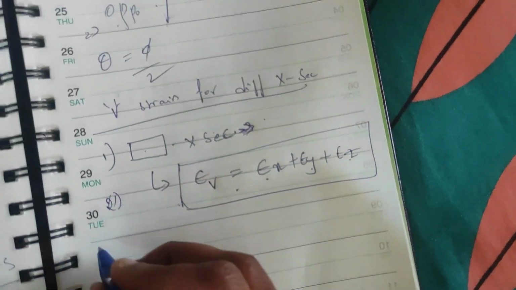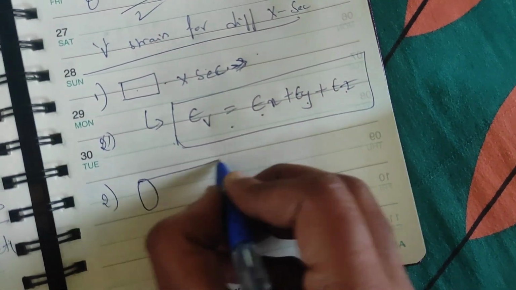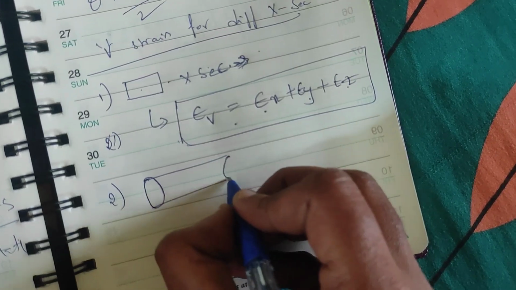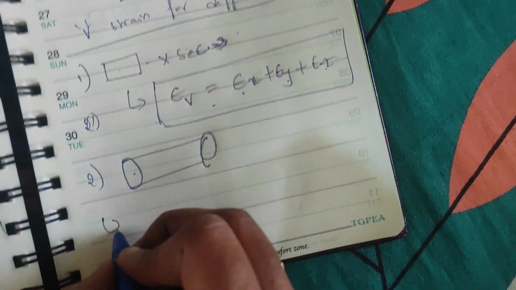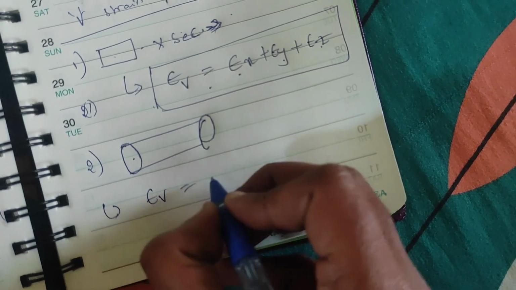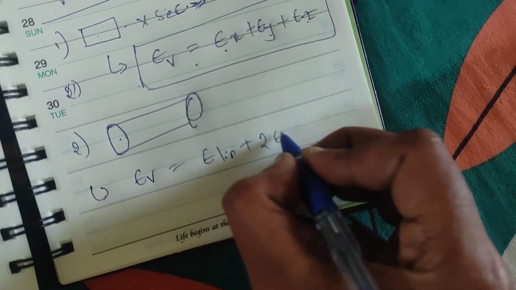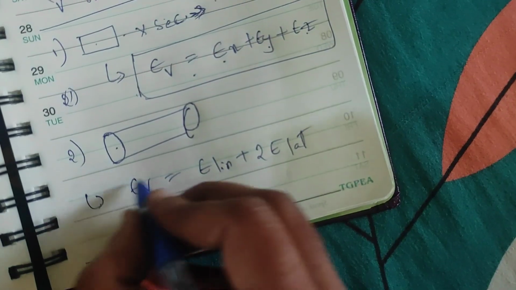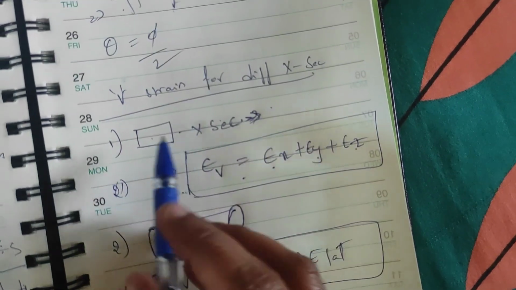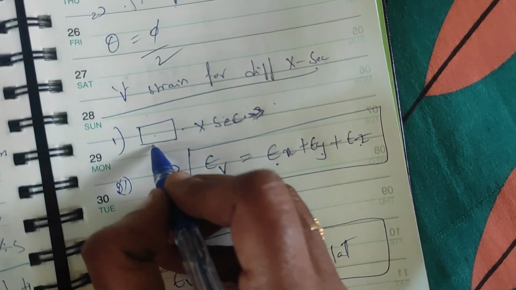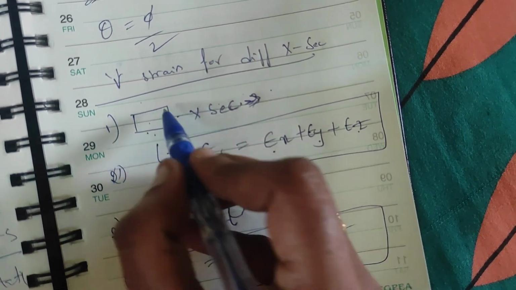And coming to the second case, that is the cylindrical case. Here volumetric strain is equal to e linear plus 2 e lateral. Understand? In competitive exams and in some bits also, they will be asking what is the formula for the volumetric strain for a rectangular cross section.